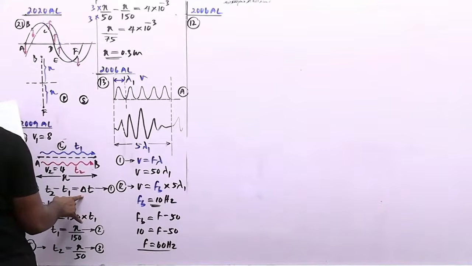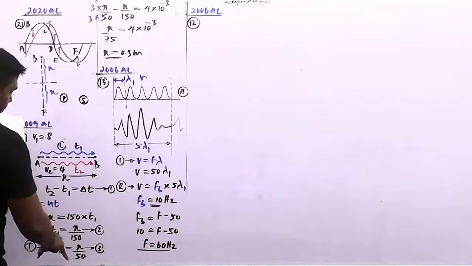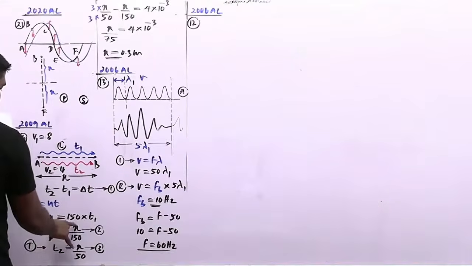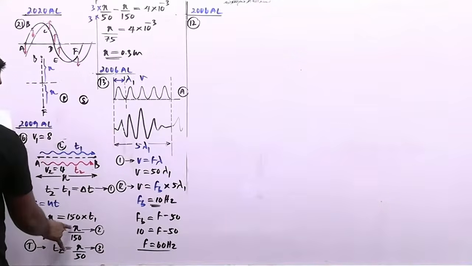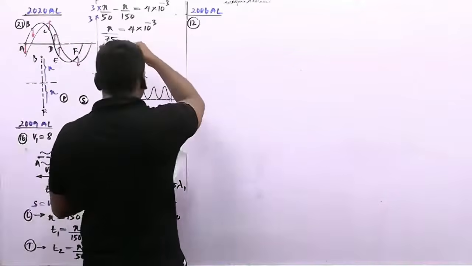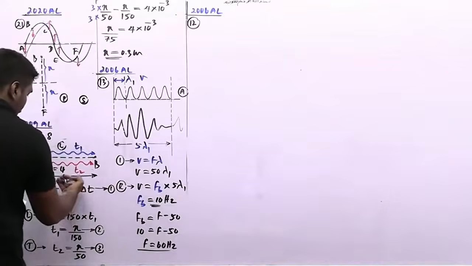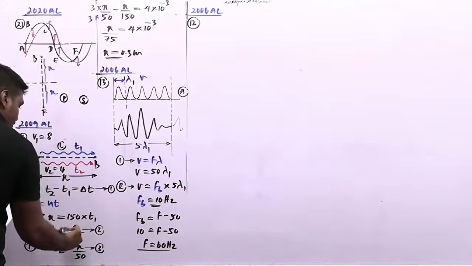Same story. Then here you want to understand: t1 means x over 8. I think you understood how I obtained these equations.